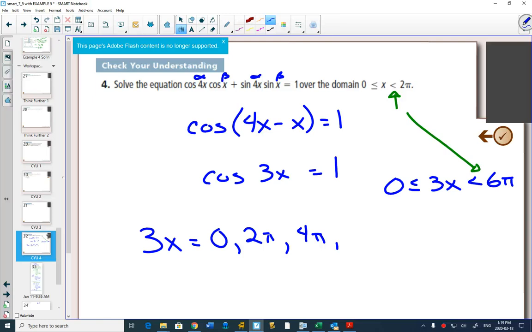Then to solve for x, divide each of those answers by 3. And we're done. Okay, so try questions 15 and 17.